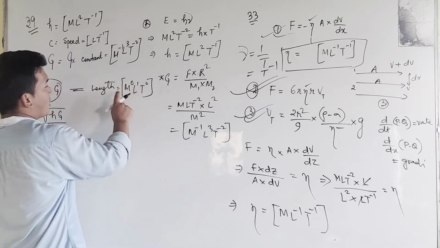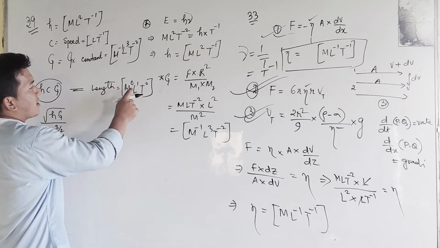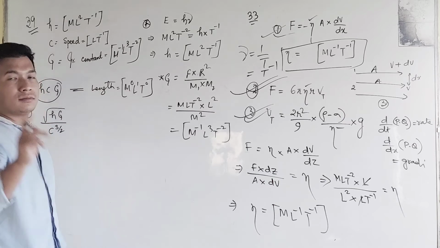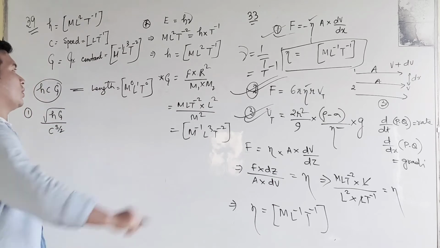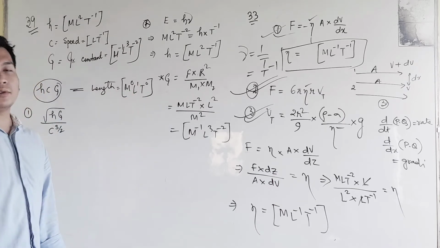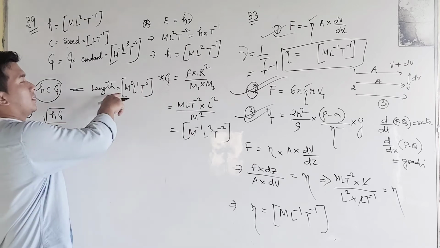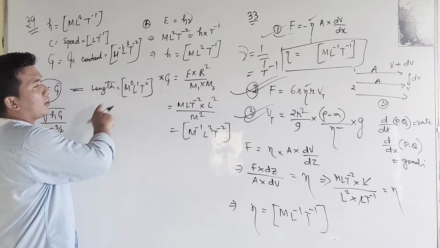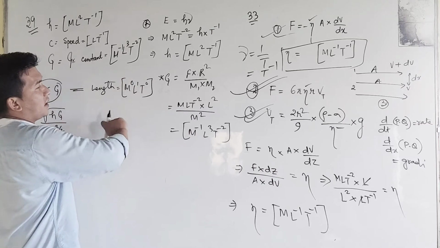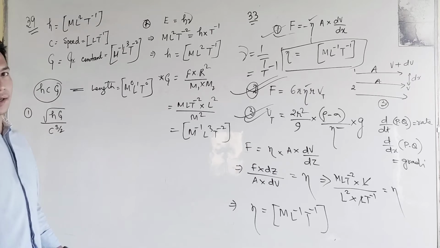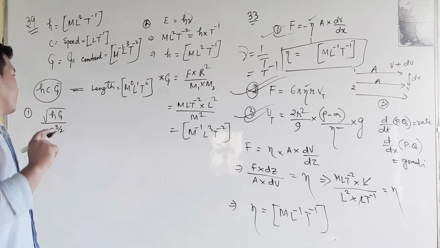That means the power of mass must be 0 and the power of time must also be 0. If we get the power of mass as minus 1 or minus 3, then that option will not be our correct answer.